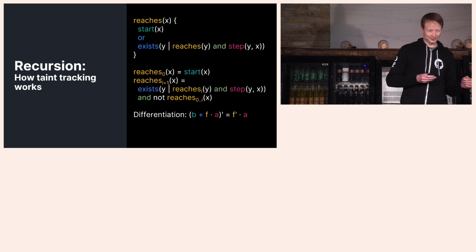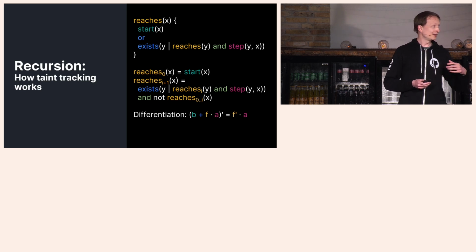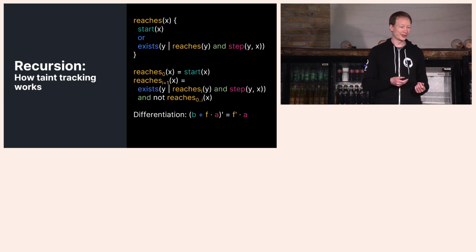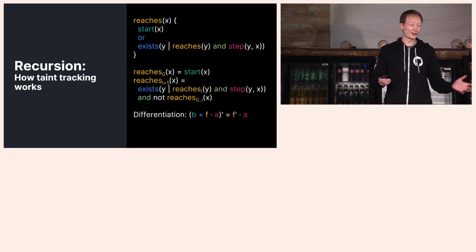And the funny correspondence here is that in logic, often plus corresponds to or, and multiplication corresponds to and. That also holds true here, and it extends to differentiation. So when we apply differentiation rules, we go by these operators.